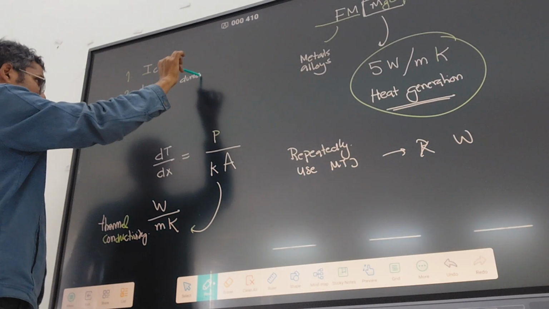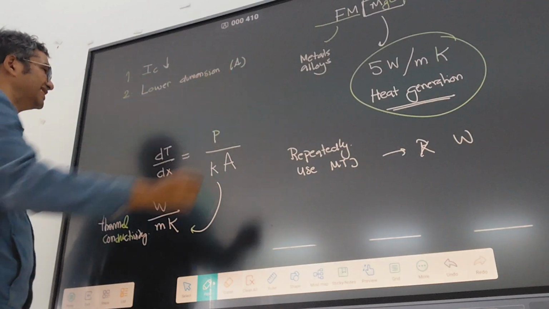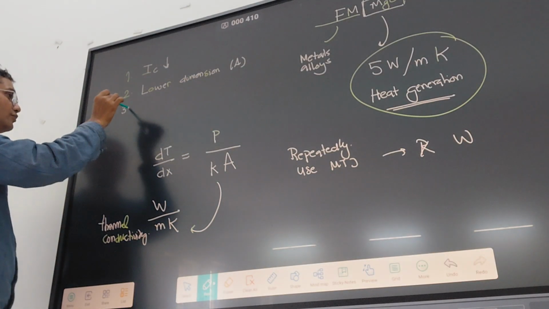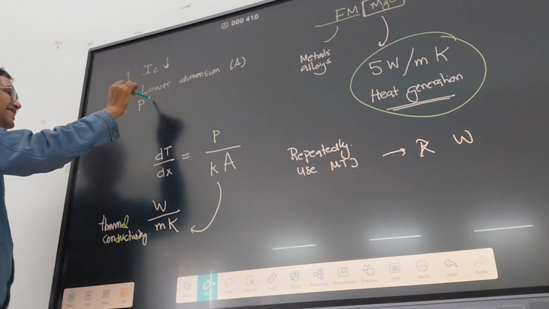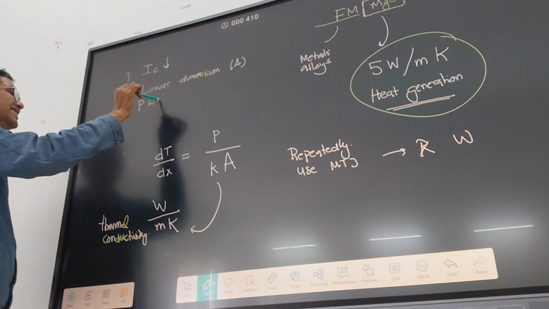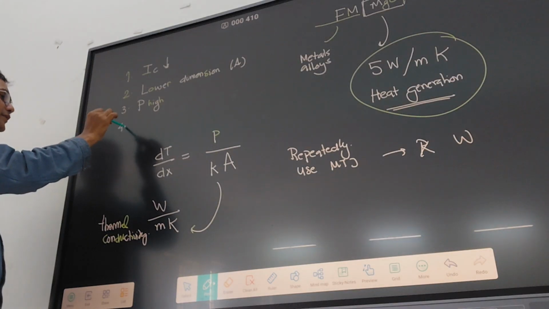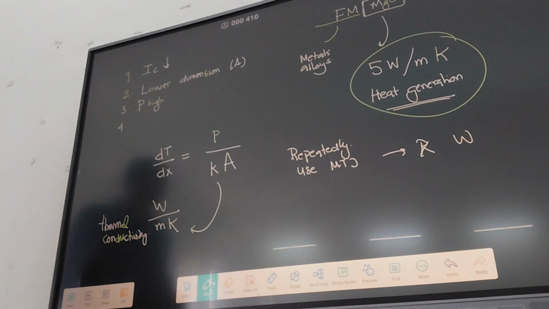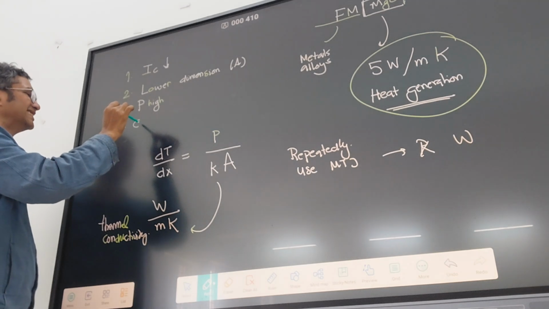Dimension means if you lower the area. Third, if you use materials which have high polarization. Fourth, instead of giving the current continuously, if you use pulses.